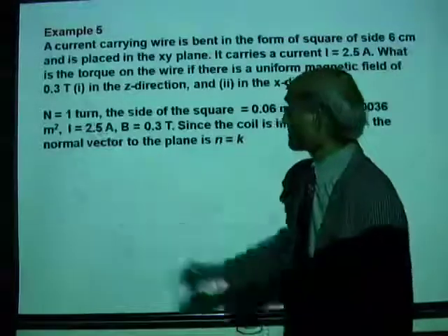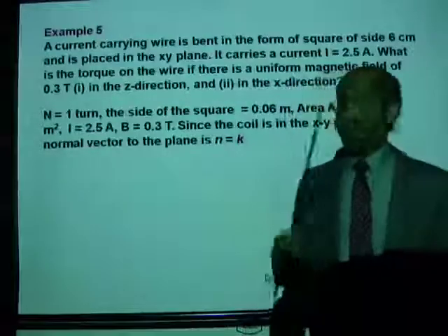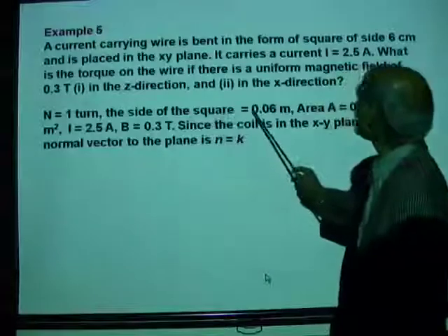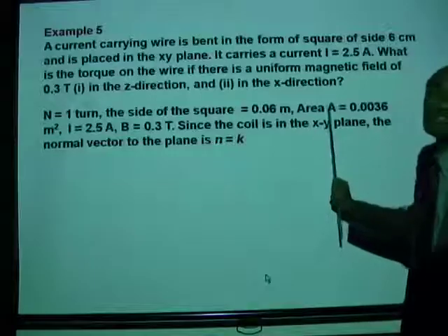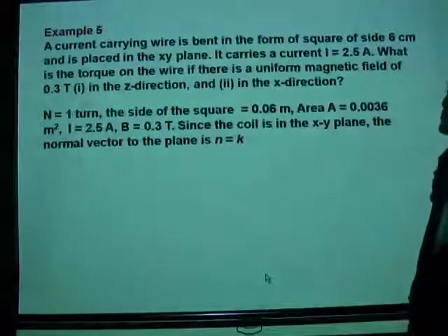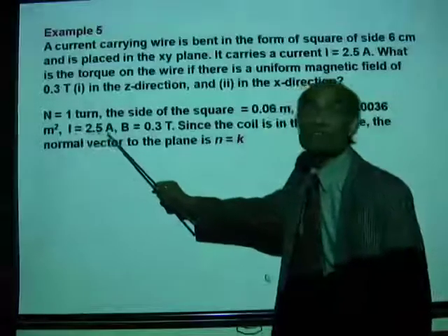Well, we have N equal to 1. It's a one-turn coil, and the side of the square is 0.06 meter, which means its area will be the square of that, 0.0036 meter square. The current is given.